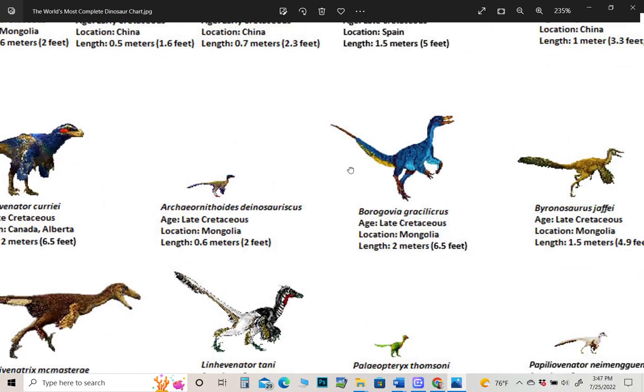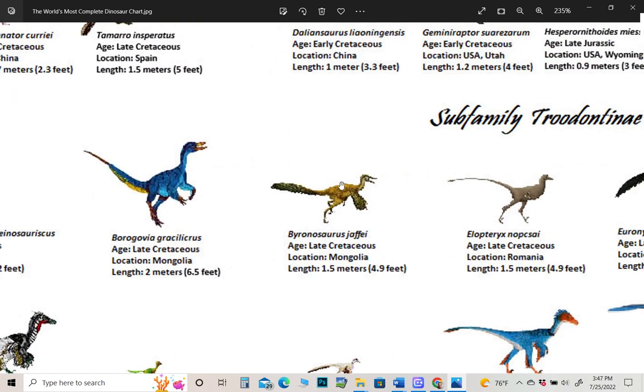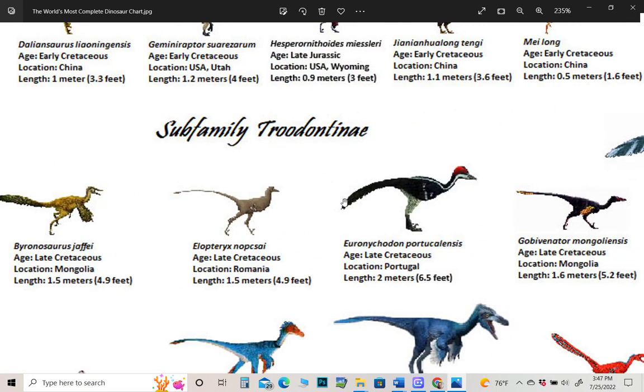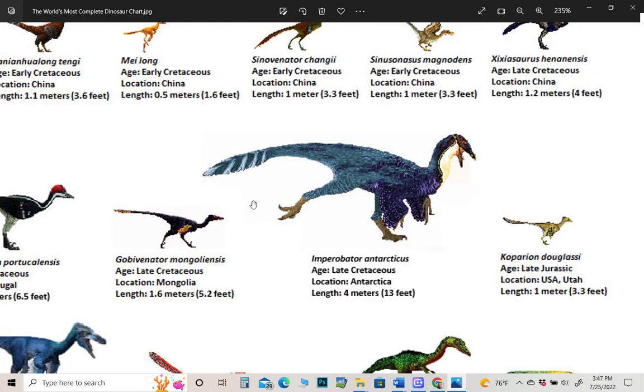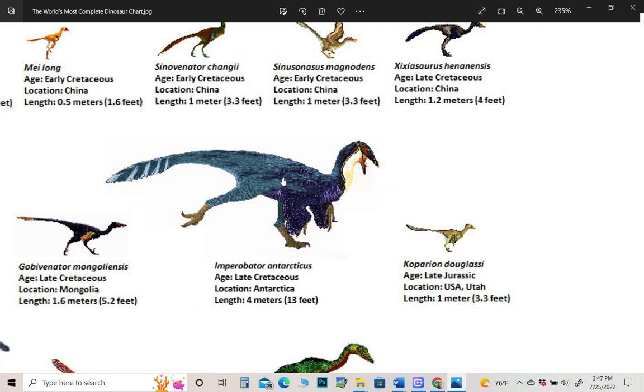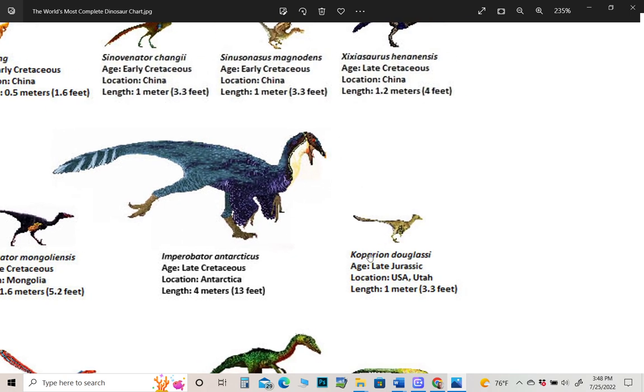Albertavenator, Archaeornithoides, Borogovia, Byronosaurus, Elopteryx, Euronychodon, Gobivenator, and then Imperobator. This is one of 6 or 7 from Antarctica. Technically, he's just outside of the Troodonts, but it was the closest thing that it would fit into, so I fit it into the Troodont family.